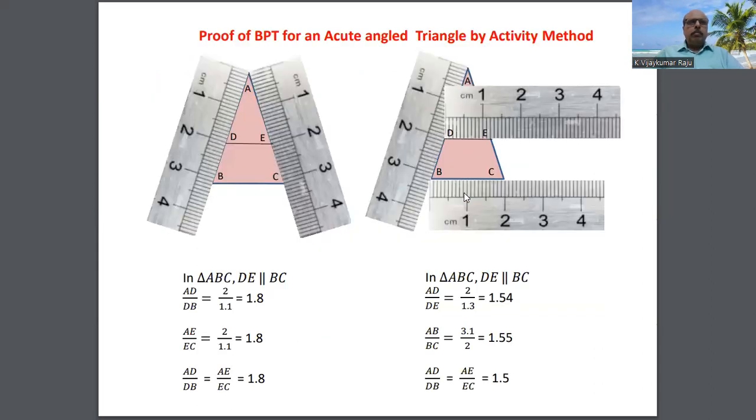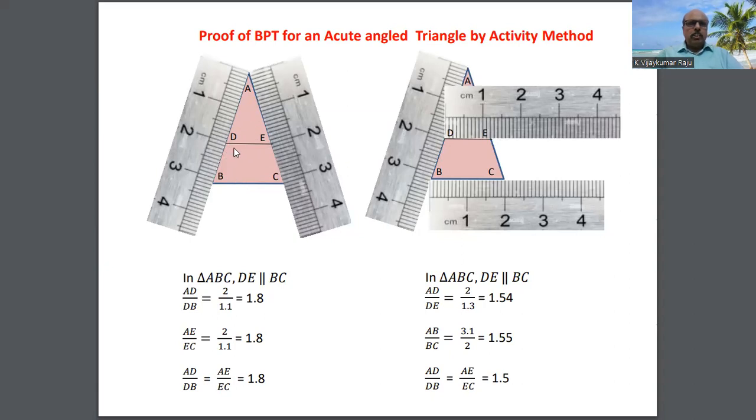Now the proof of the basic proportionality theorem for an acute angle triangle by activity method. Now here you see ABC is a triangle and DE is parallel to BC. What this theorem states is that if a line is parallel to one side of a triangle, in this case DE is parallel to BC, then this line DE divides the other two sides in the same ratio.